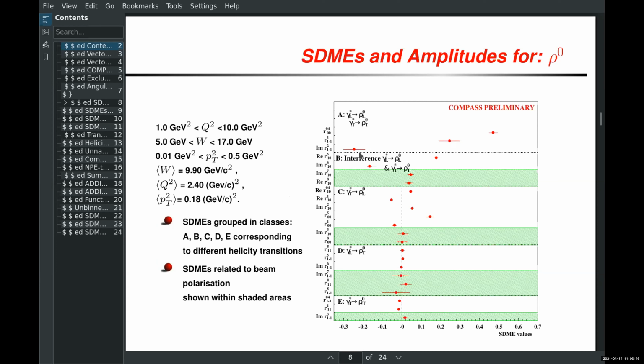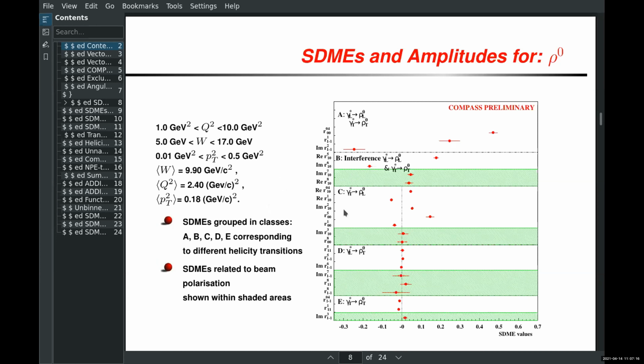If there were s-channel helicity conservation, only such a transition would exist, so all these elements should be equal to 0. We see that in class C we have some elements, in particular r^5_00, which is completely different from 0.